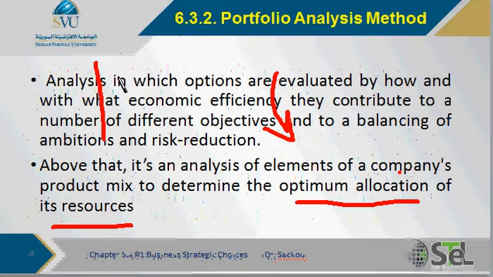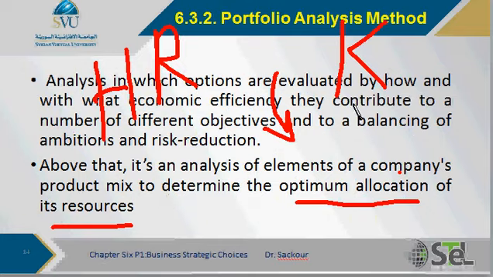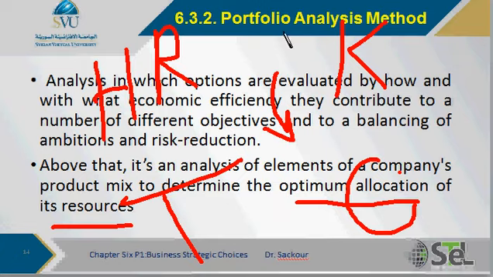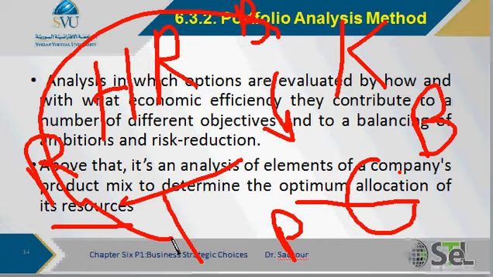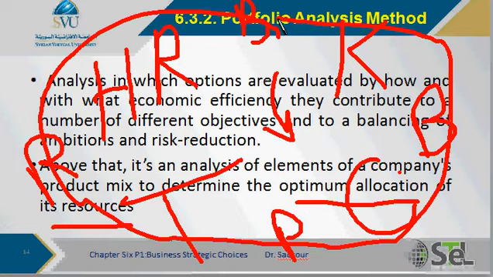We have human resources, knowledge, technology, culture, building, people, brand name, reputation. All these factors together harmonize in one synergy to achieve the optimum allocation of its resources.